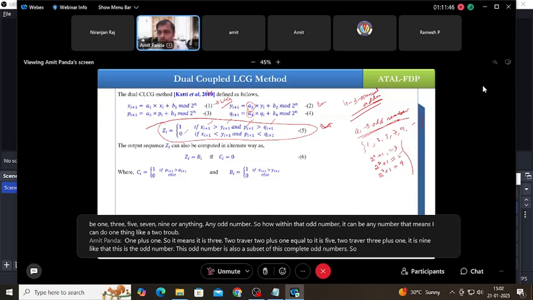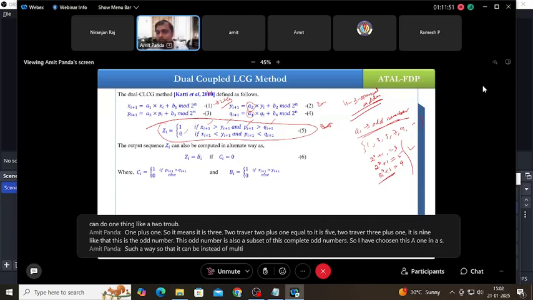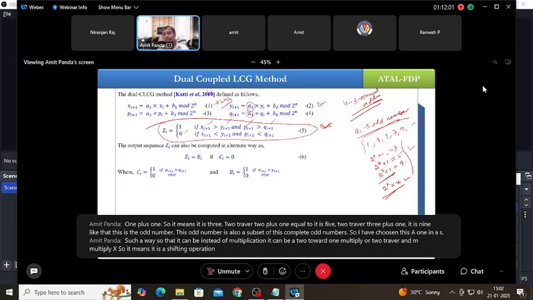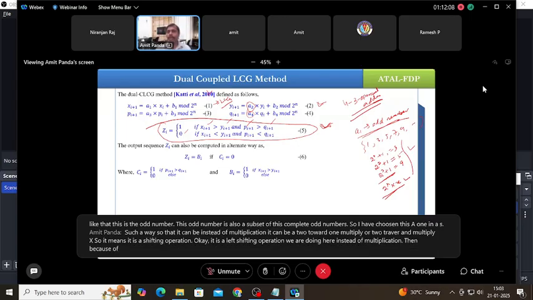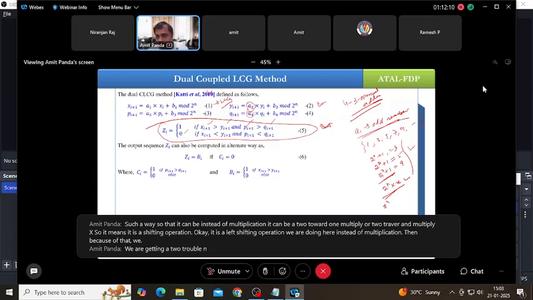So I have chosen this A1 in such a way that, instead of multiplication, it can be 2 to the power n multiplied by x. So it means it is a shifting operation. It is the left shifting operation we are doing here instead of multiplication. Because of that, we get 2 to the power n x plus b, so this is completely a three-operand adder.